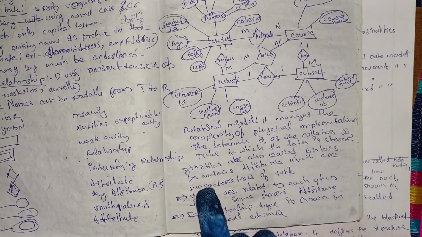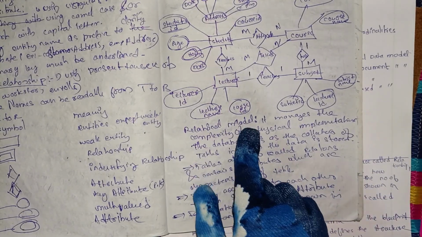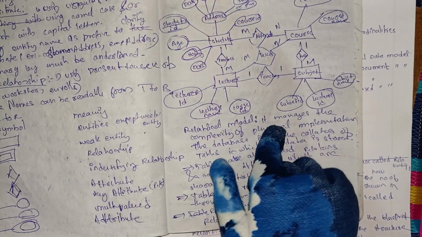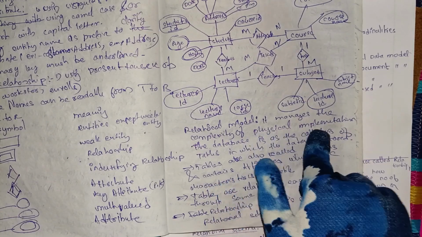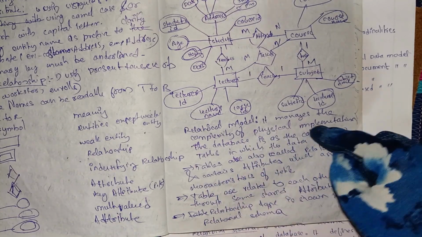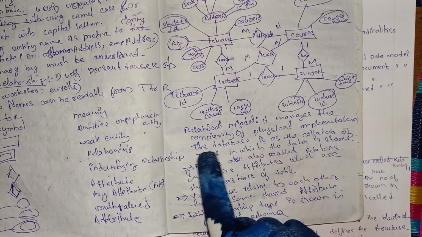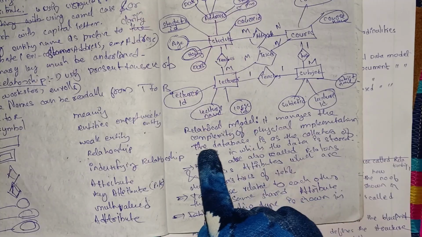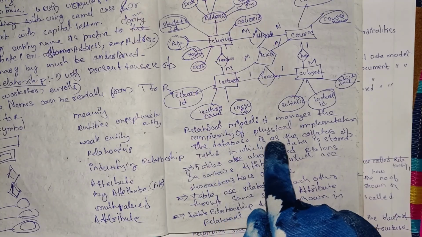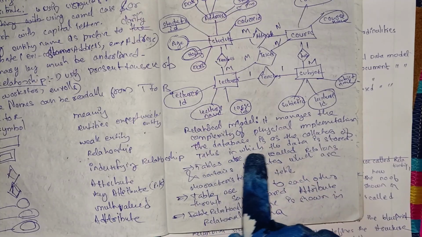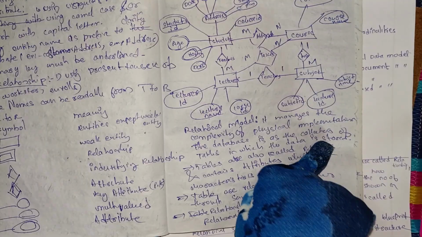So what is the relational model? The relational model manages the complexity of physical implementation, because in a relational database, the database is a collection of tables in which the data is stored.